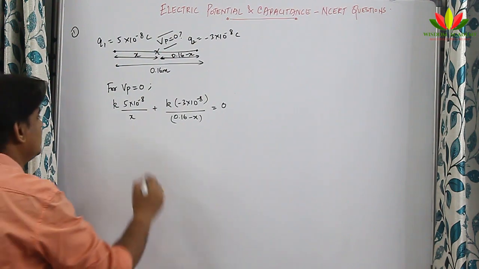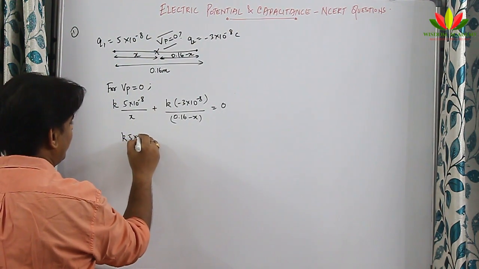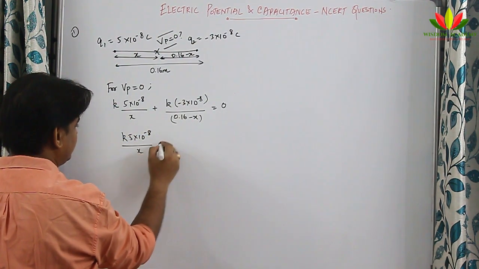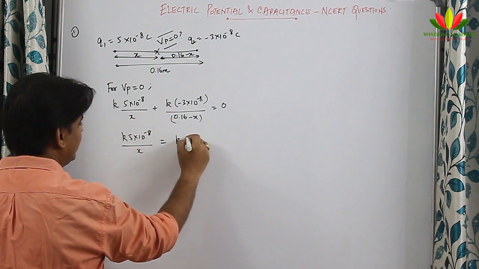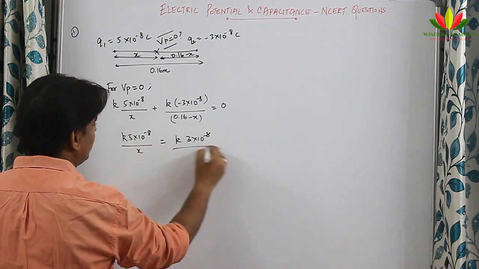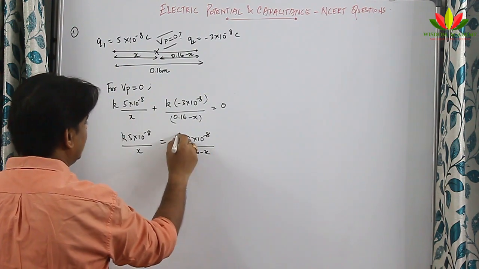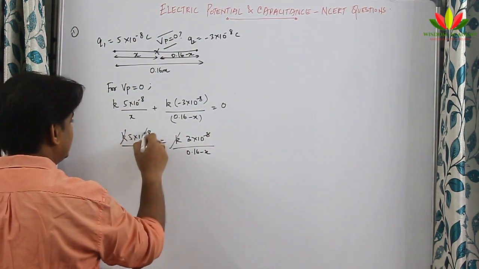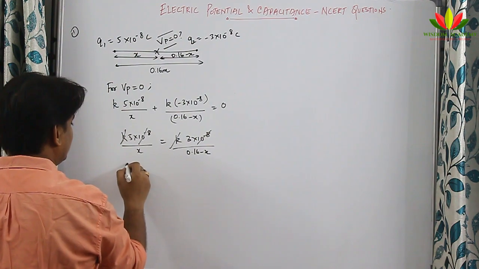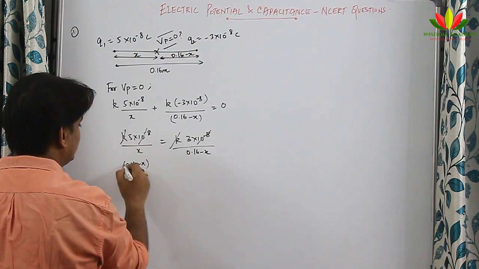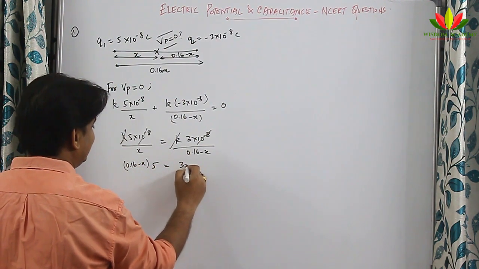I equate both, I get k 5 into 10 power minus 8 by x. I will take that this side, it will become k 3 into 10 power minus 8 by 0.16 minus x. K gets cancelled and this 10 power minus 8 also gets cancelled. So I will get 0.16 minus x into 5 is equal to 3x.